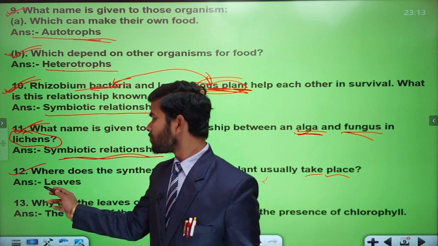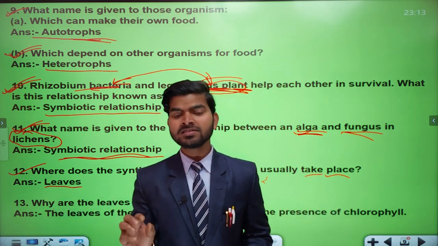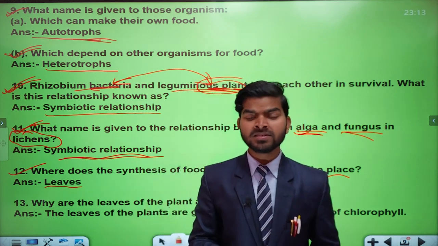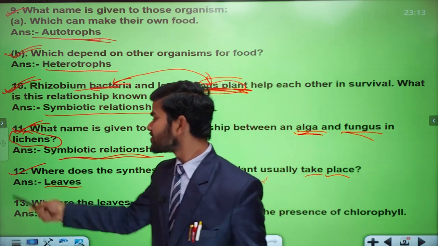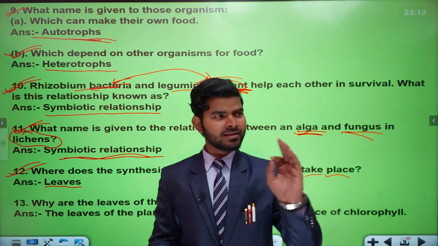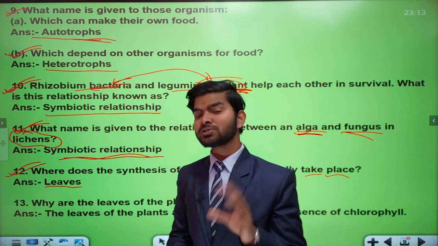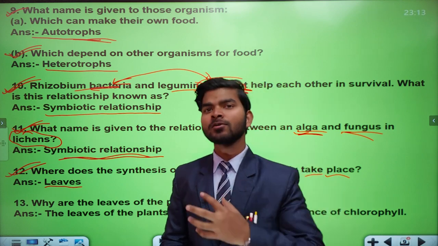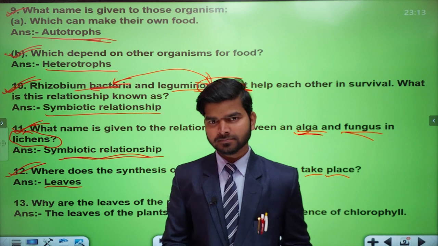Inside the leaves. Because the synthesis of food takes place in leaves, this is the most important question, and objective questions can be asked from it, not only for your school examination or coaching institute examination, but also for several competitive examinations. So we must keep these points in our mind.